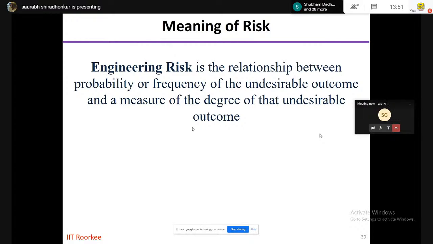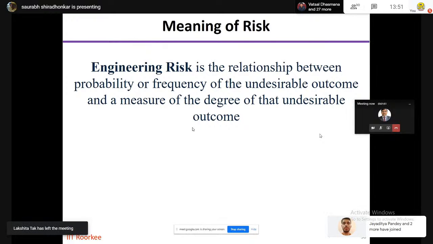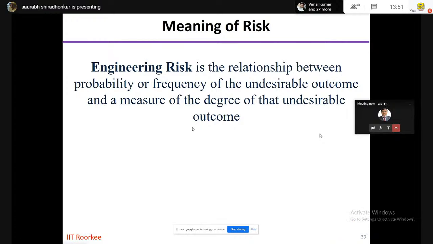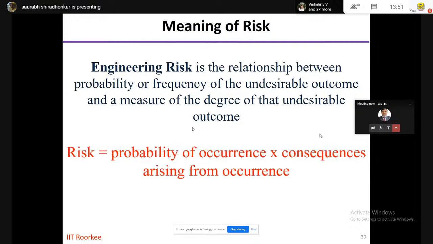The typical definition of engineering risk is the relationship between the probability or frequency of an undesirable outcome and a measure of the degree of undesirable outcome. So risk is defined as the product of the probability of occurrence and the consequence arising from that particular occurrence.